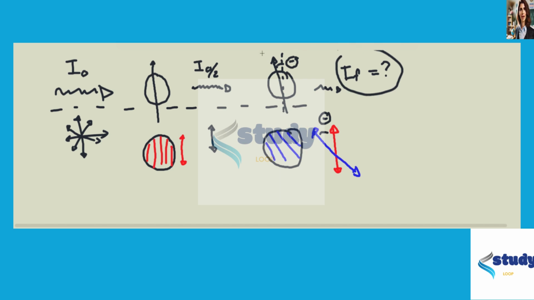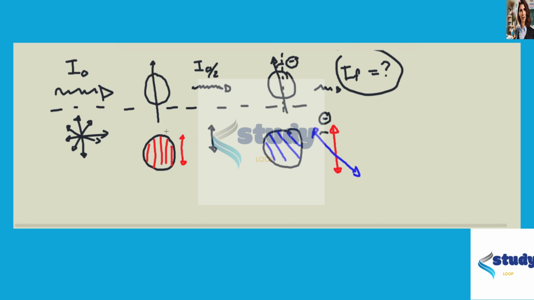And we're told that light, as it comes in, is unpolarized, which means that it's got electric and magnetic field components oscillating in all directions. So that's what you can see represented over here, as if you were looking at the wave head on. Then it passes through a polarizer, which is polarizing this unpolarized light in some given direction.